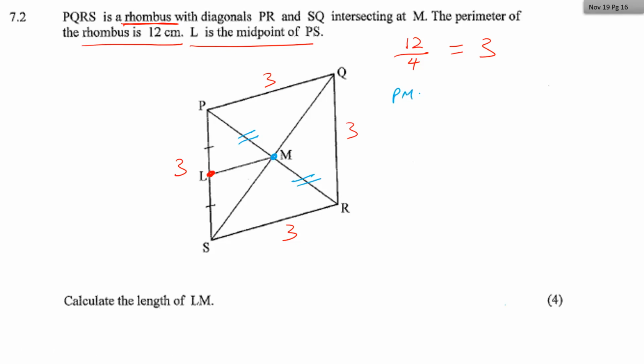So we're going to say PM is equal to MR, and our reason is diagonals of a rhombus. We also know that PL is equal to LS. That was given.